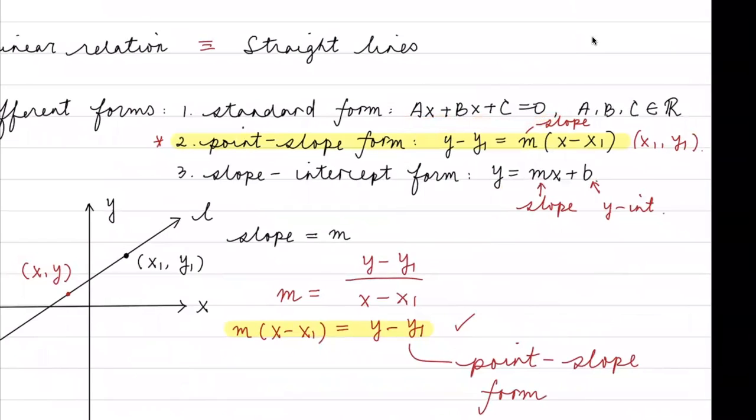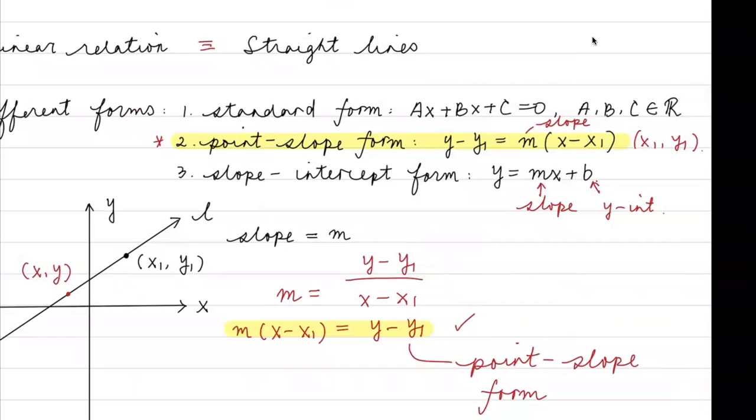I just want to mention one thing. I think I also said this in class, but just in case some people didn't hear me. These three forms are interchangeable, because all of them are essentially the same thing.